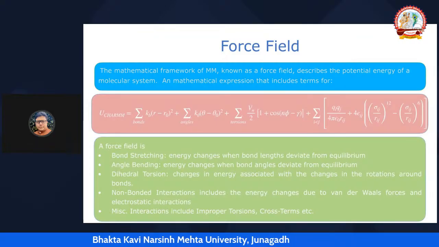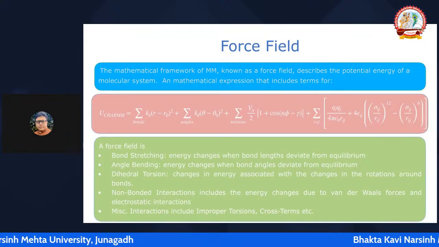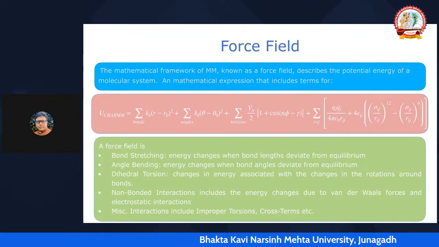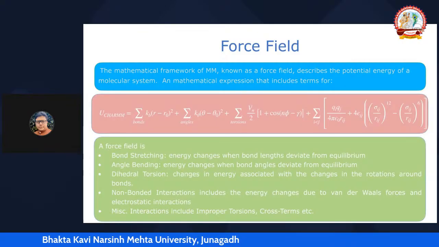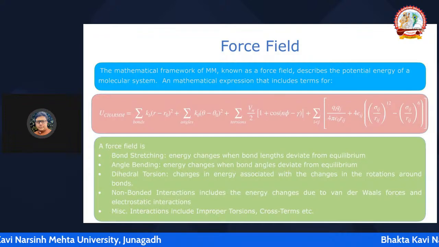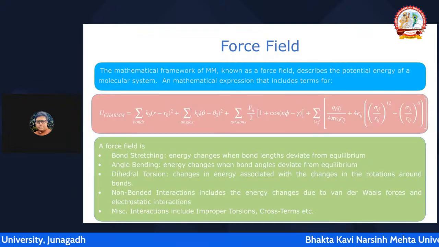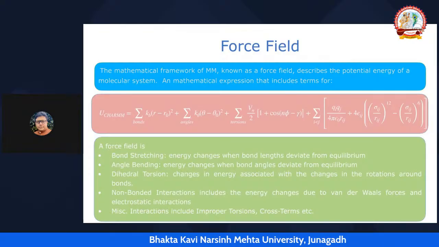When two atoms come close together or move away from each other, they exhibit force, which can be computed in terms of energy, given by this particular set of equations. This term is called kb (r minus r zero) the whole square.